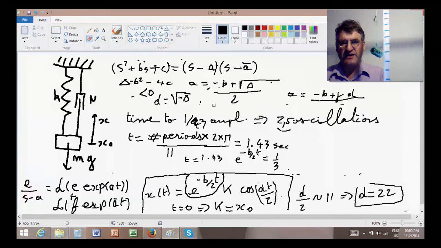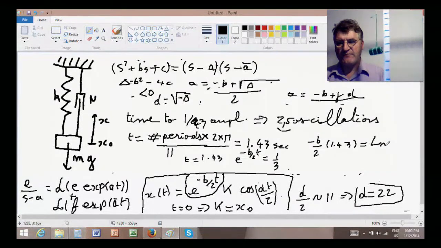So for the value it has, we end up having that minus b over 2 times 1.43 must be equal to log of 1/3, or in other terms, b is equal to the natural log of 3 multiplied by 2 and divided by 1.43.